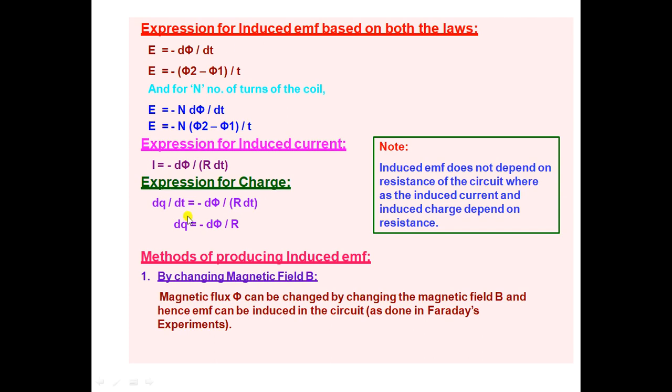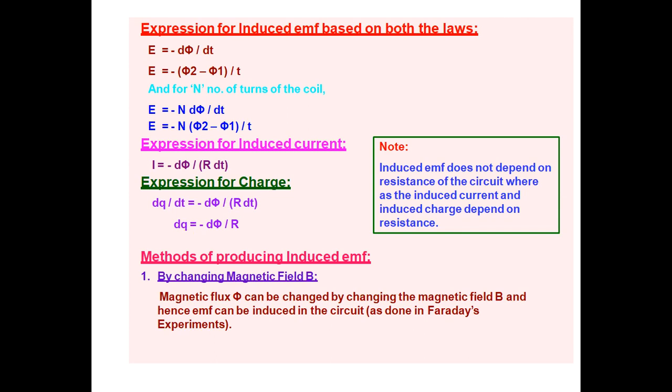Here the dt cancels, so dq is equal to minus d phi by R. This is the expression for charge. The expression for induced current is I is equal to minus d phi by R into dt, and the expression for charge is dq is equal to minus d phi by R.